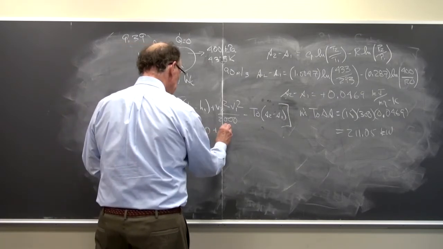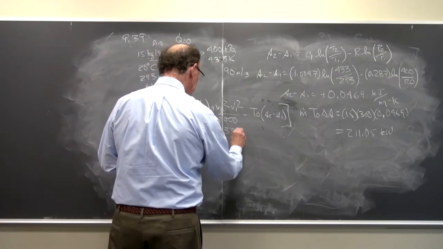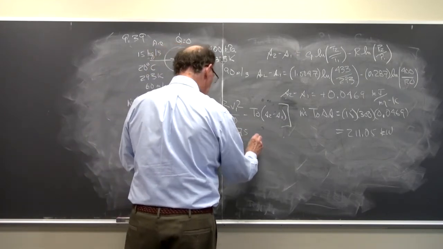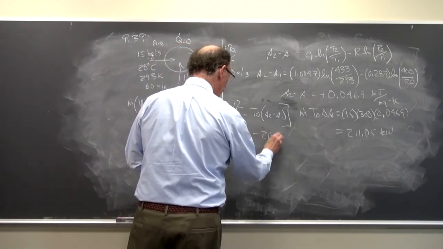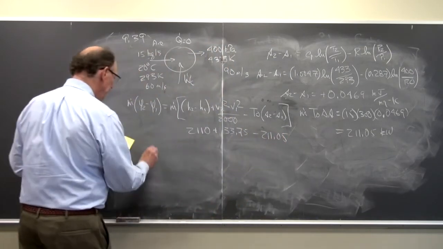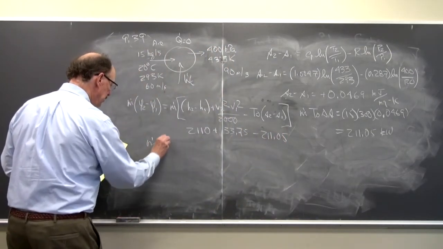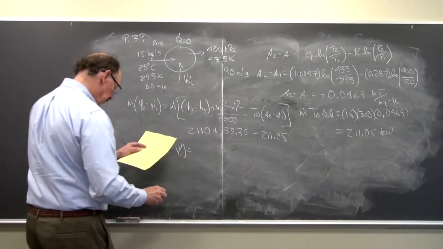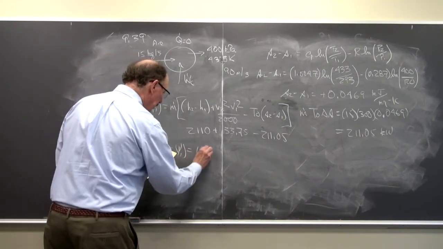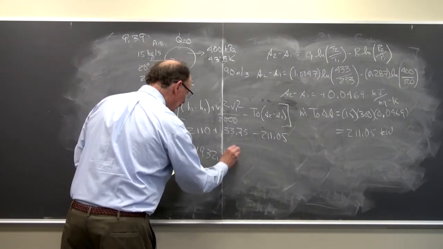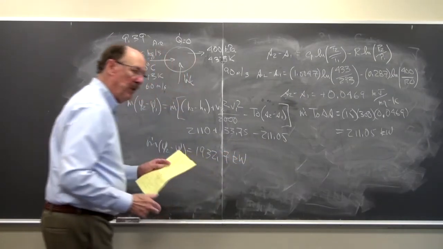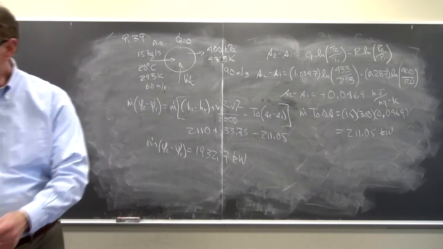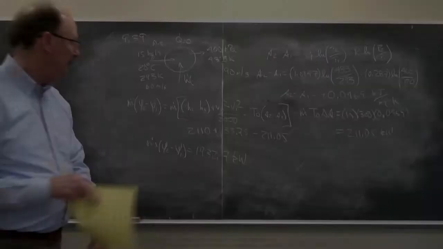This term is plus 33.75, and this term is minus 211.05. So m dot times psi 2 minus psi 1 is equal to 1932.7 kilowatts. And with this and the work, we can determine the second law efficiency.